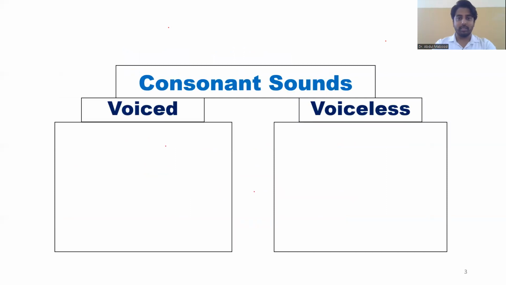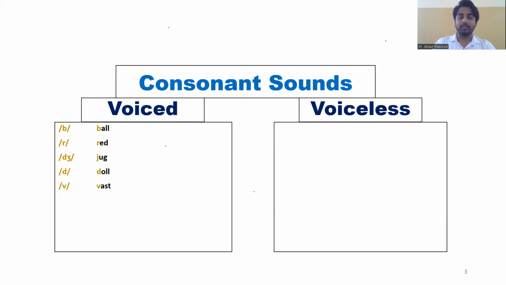So let's see here the consonant sounds. The voiced sounds are: the ba sound, as in the case of ball. Then ra, as in red. Then ja sound, as in jug. Then da sound, as in doll.